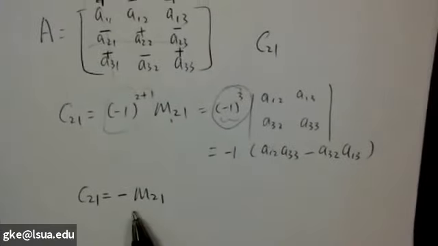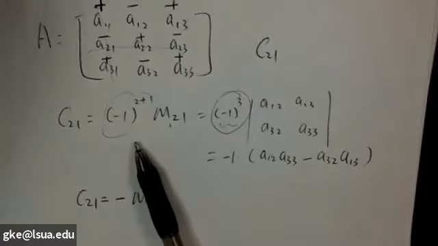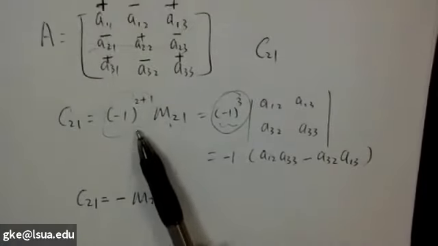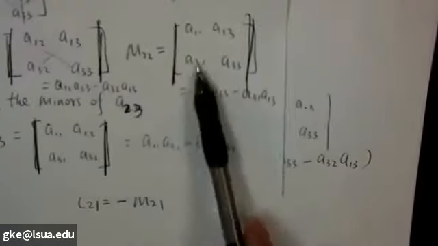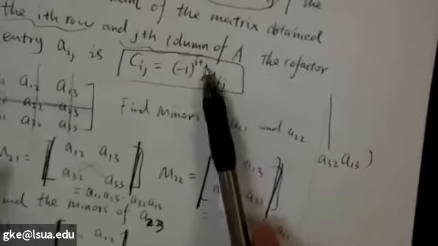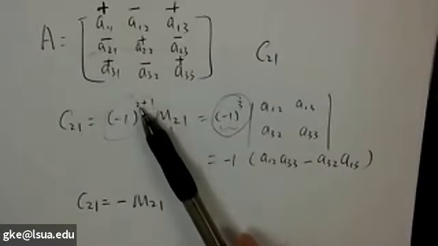We just put a negative here times M21. That's the way for us to avoid memorizing negative 1 to the power i plus j.